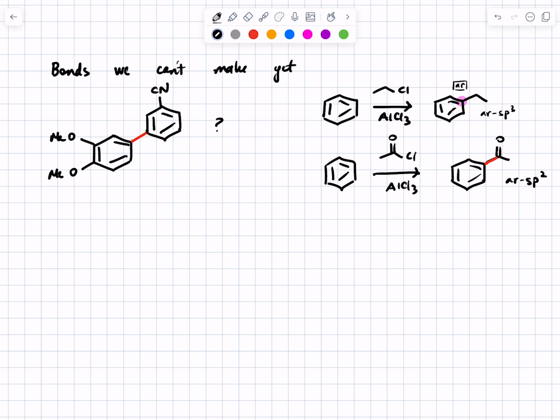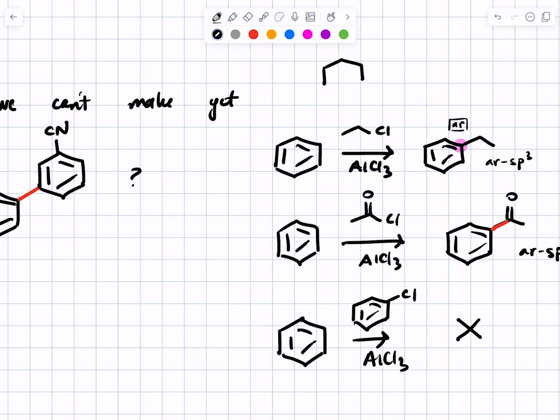Can you think of a reason why it would not work to do a Friedel-Crafts reaction, say a Friedel-Crafts alkylation, with a benzene ring? What do you remember from the mechanism of the Friedel-Crafts reaction? In the case of the primary alkyl halide, you first activated the leaving group, and then the benzene ring did SN2 type chemistry with backside attack.